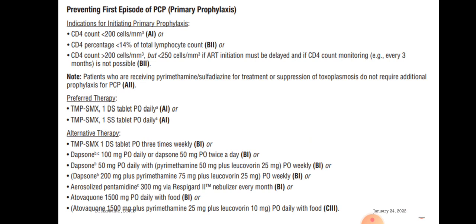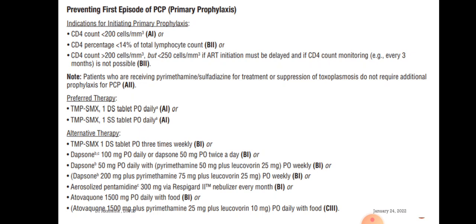For primary prophylaxis, the indications are a CD4 count less than 200, or a CD4 percentage less than 14% of the total lymphocyte count. If the CD4 count is more than 200 but less than 250 and ART initiation is delayed, or CD4 count monitoring is not possible, then you have to initiate PCP primary prophylaxis.